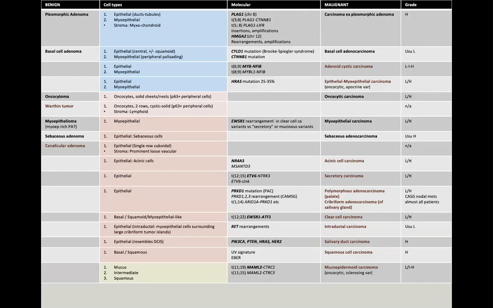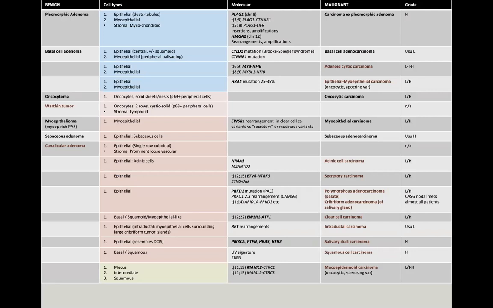We're lucky at academic institutions to see a lot of these and be more comfortable with diagnosis. But they can certainly be challenging because the histologic features are very overlapping. Just to give you an idea of all the various types of tumors that we are dealing with, here is a chart.